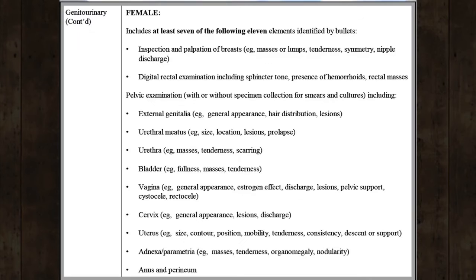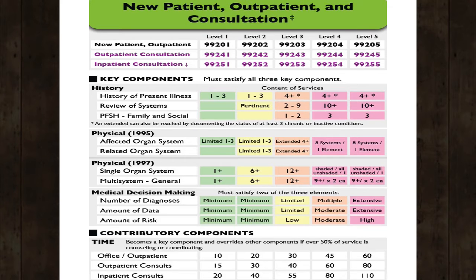And in the female, as you can see, it's in the shaded. So you definitely would have to do a pelvic exam on every female, and the rectal exam is required on the male. So again, on the physical exam, we put the numbers in.